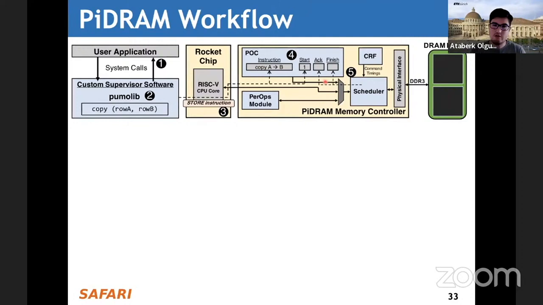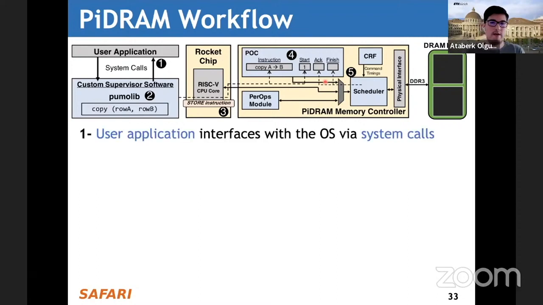I'll describe the execution workflow of a copy operation using PyDRAM's hardware and software components. This diagram is an extended version of the previous diagram, basically. In the first step, the user application will interface with the OS and perform system calls to ultimately perform a copy operation.